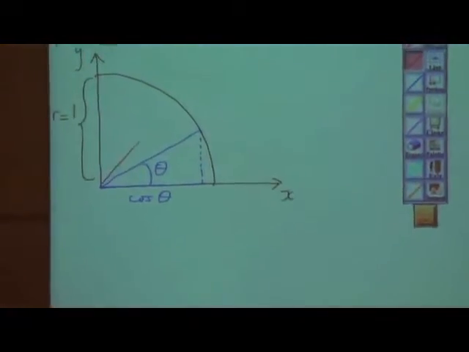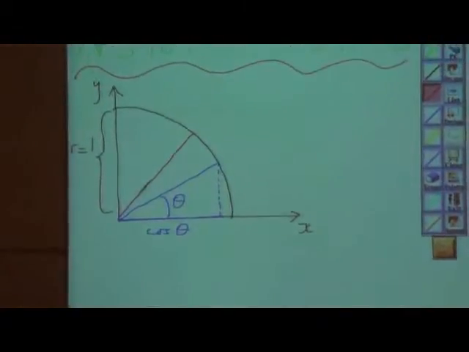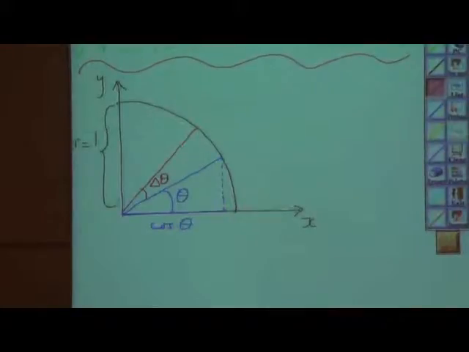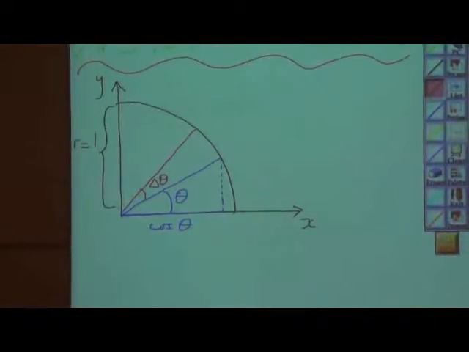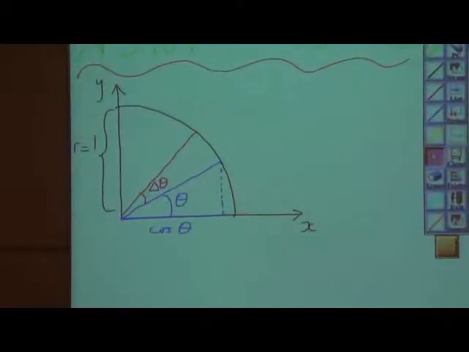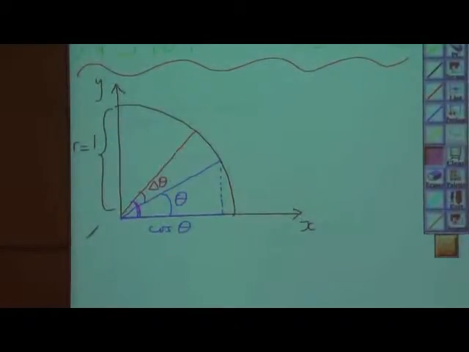Now let me change theta. Let's say theta increases by a small amount, delta theta. Let me draw that in a different color. So this is delta theta.